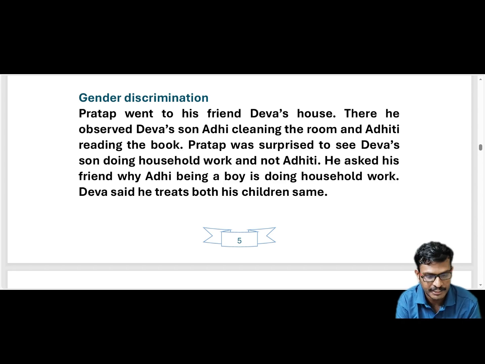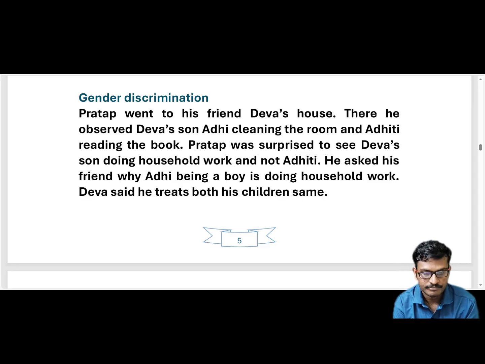Pratap asked his friend Deva why Adi, being a boy, is doing household work like cleaning the room.